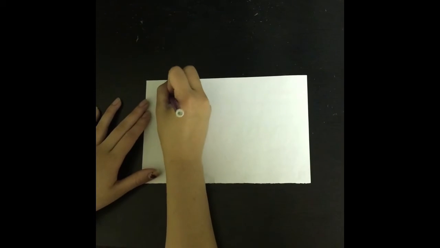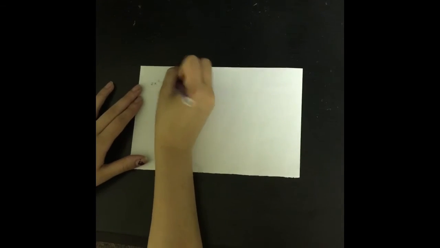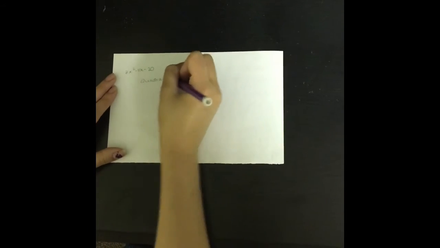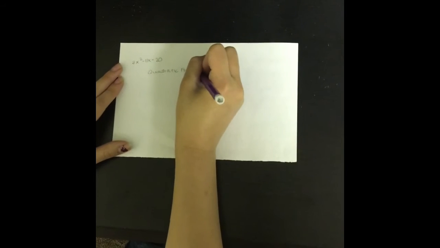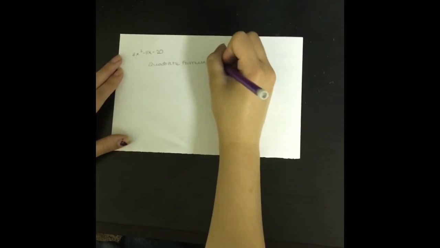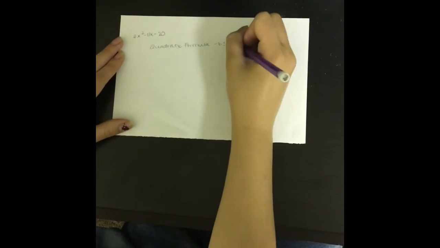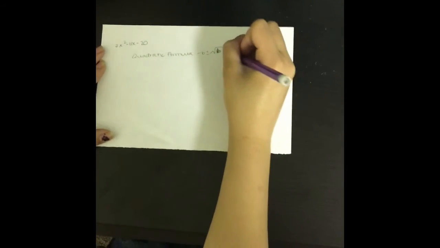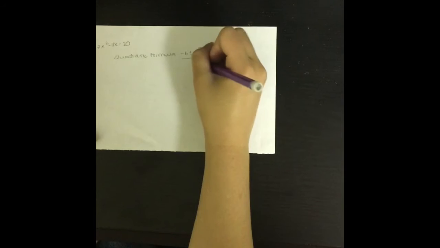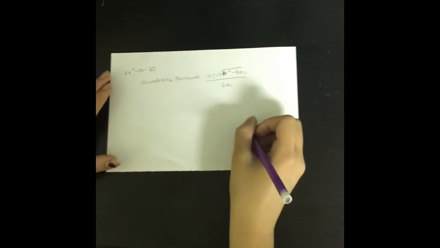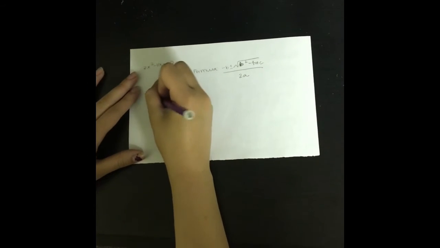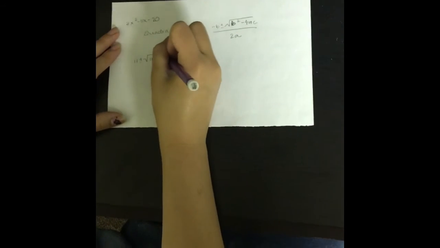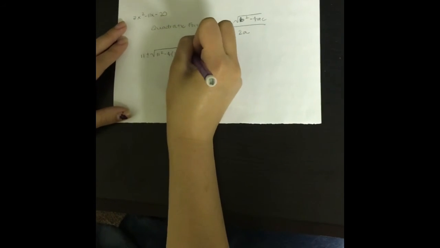Now we will do the quadratic formula to finish off. So the quadratic formula is negative b plus or minus the square root of b squared minus 4ac, divided by 2a. So if you plug everything in, you will then get 11 plus or minus the square root of 11 squared minus 4 times 3 times negative 20, divided by 2 times 3.